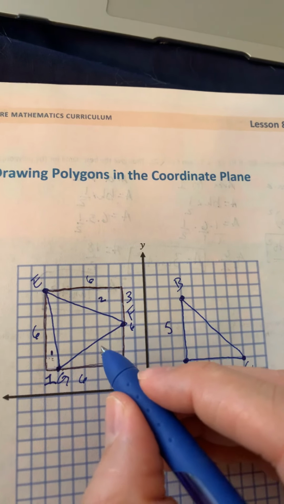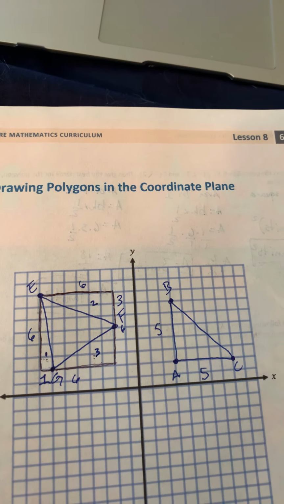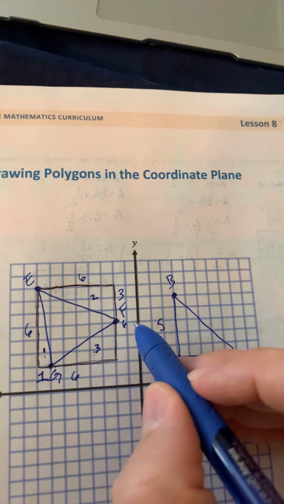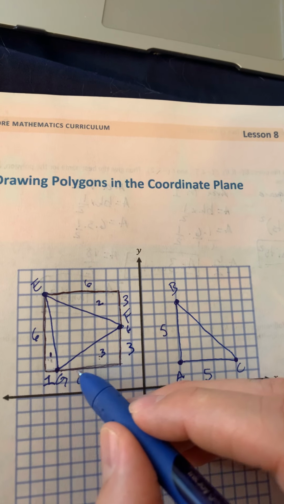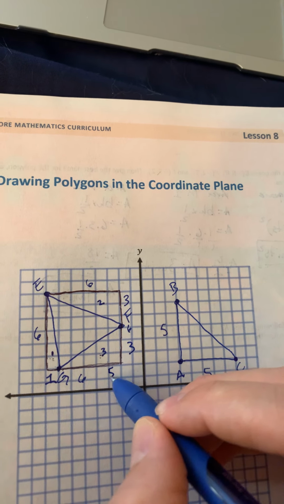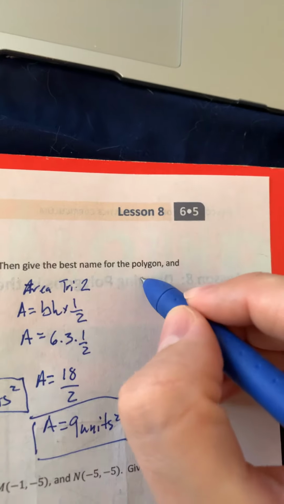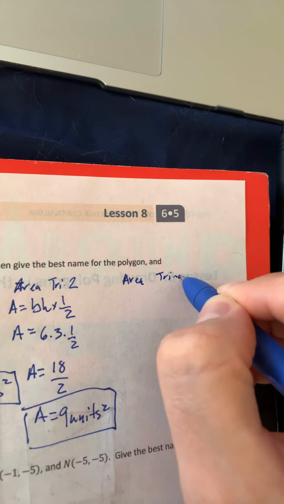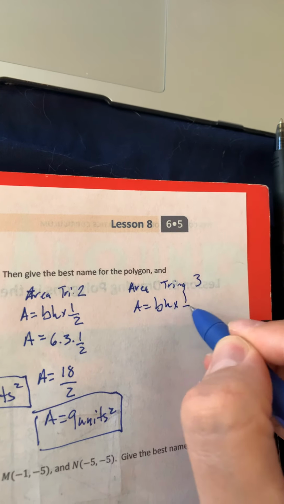And then this is going to be triangle 3. We're going to find the base and the height. The height is 1, 2, 3, and the base is 1, 2, 3, 4, 5. So it's 5 times 3, base times height, divided by 2. Area of triangle 3: area equals base times height times 1/2.